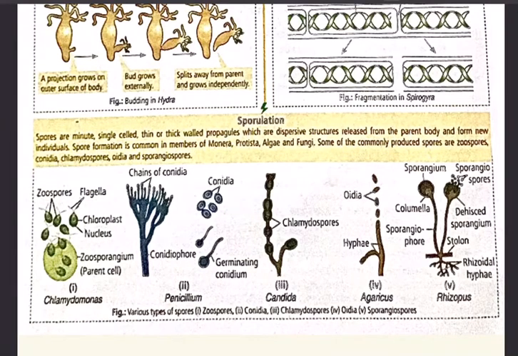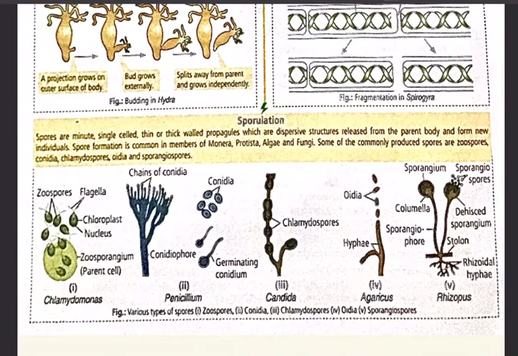And of course, a very common one that we see even in our homes, Rhizopus. So Rhizopus has got a round globe-like structure. It's called a sporangium. On maturity, dehiscence will take place. The sporangial layers will break off and release sporangiospores.